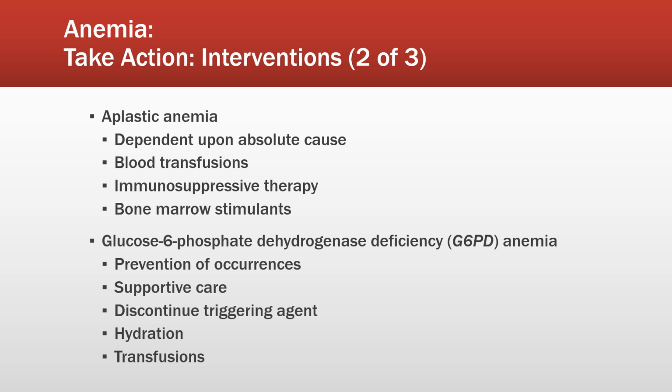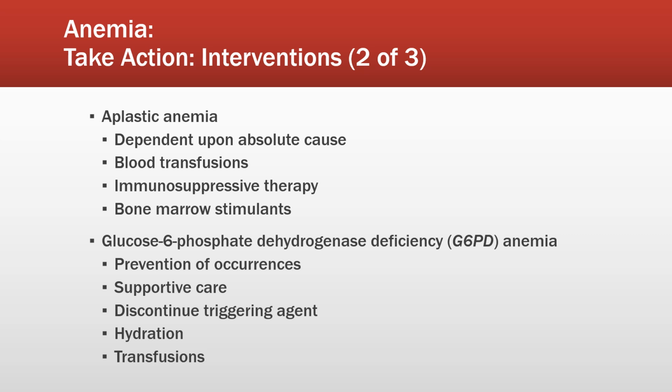I want to chat a little bit about the immunosuppressive therapy. What that's going to do is decrease the activity of the body's immune system. It's mostly added as a treatment for candidates who cannot have a bone marrow transplant.